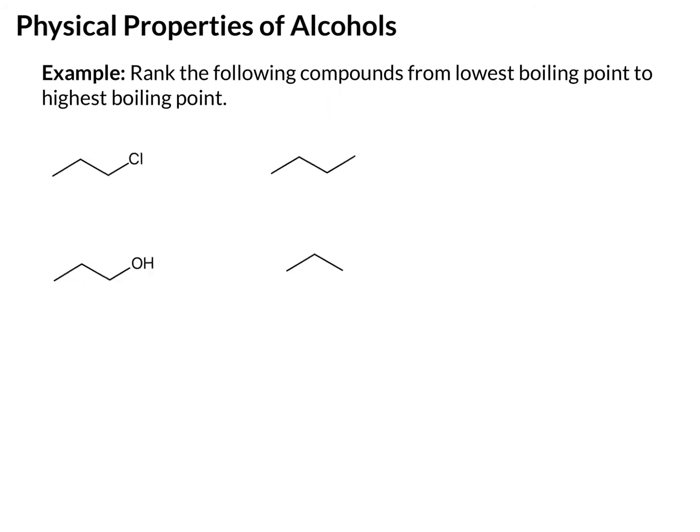Here's an example where we're given 4 molecules and we want to rank these from the lowest expected boiling point to the highest expected boiling point. So what you really want to do is identify the intermolecular forces that are present in each. So each of these have van der Waals forces.